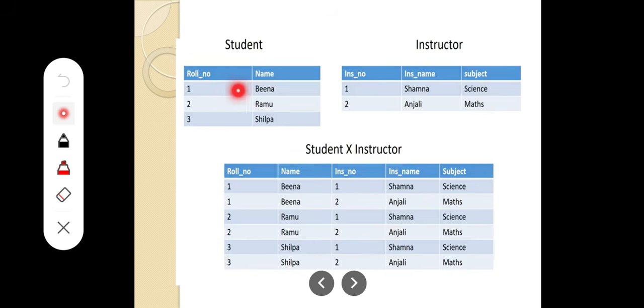The first row will be 1 Bina, 1 Shamna Science. Next is 1 Bina, 2 Anjali Max.